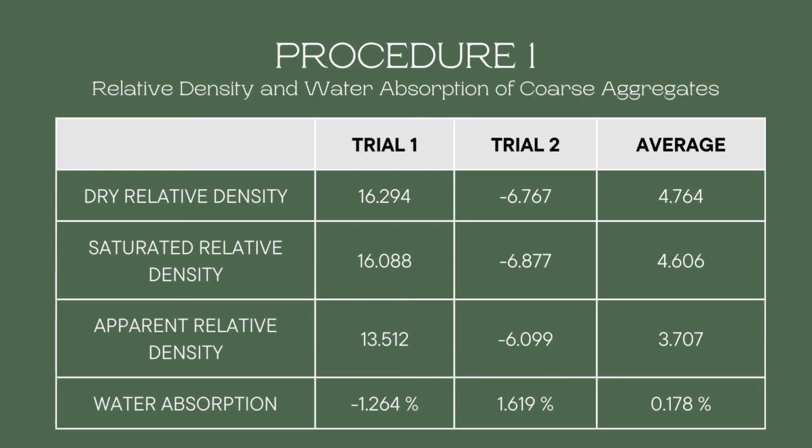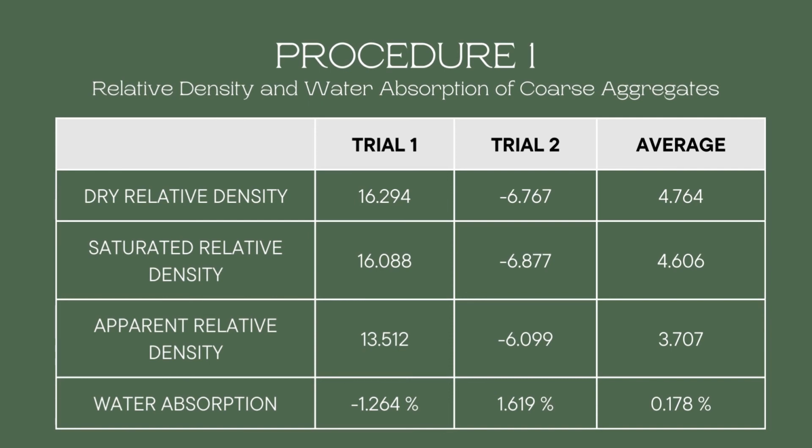In addition, coarse aggregate is also tested for these different types of densities. Relative density has first and second trial values of 16.294 and negative 6.767, having an average value of 4.764. Computed saturated relative density is 16.088 and negative 6.877 for the first and second trials with an average value of 4.606.